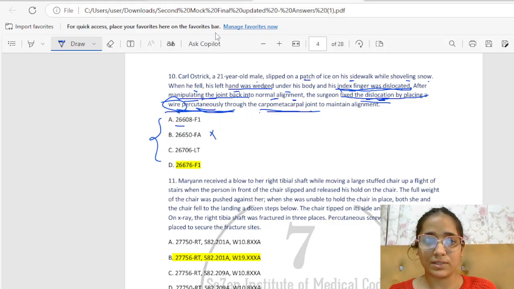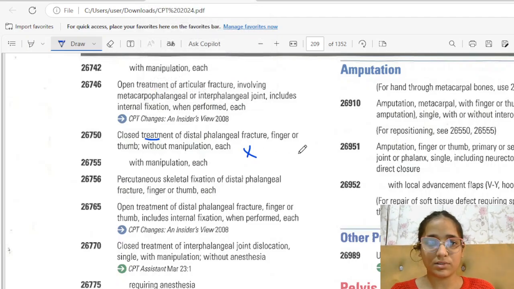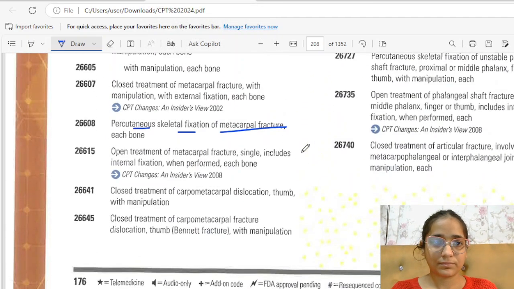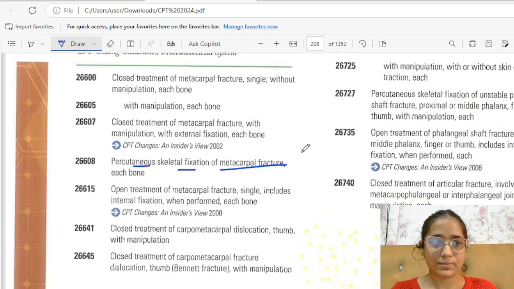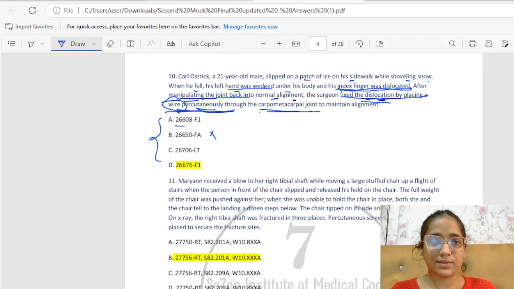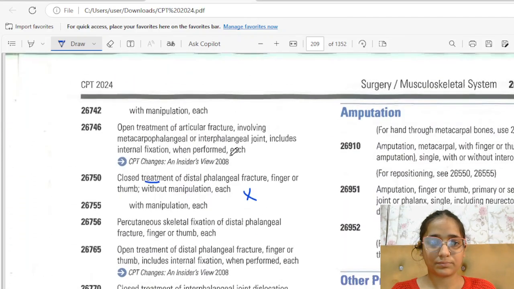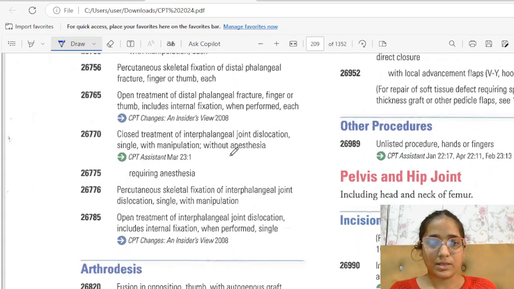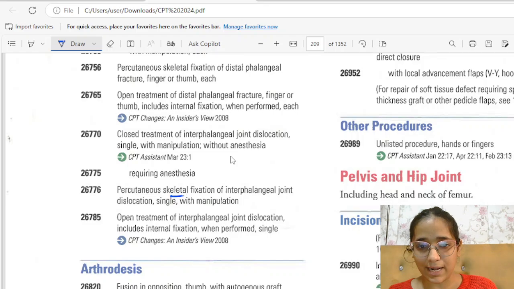Let's see, 26706. We don't have the option 706, so 26776. Percutaneous skeletal fixation of interphalangeal joint dislocation. So now the patient had a dislocation.